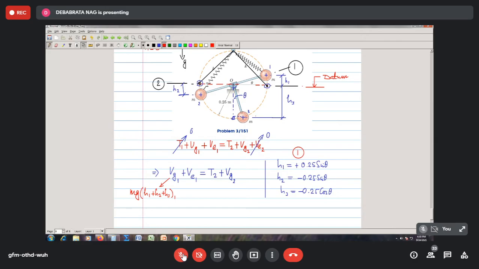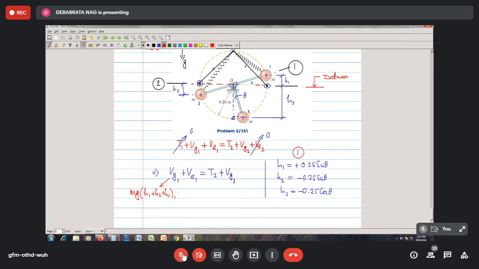That is what I was saying, it is very funny, because at position 2 these two come on the datum line, so automatically their potential energy is 0. So the only potential energy surviving is the third mass. And at position 1 also, the total potential energy of these two becomes 0, and the only surviving term is this one. So the entire problem, the change in the gravitational potential energy, is driven by the potential energy of sphere 3. Do you understand what I am saying?